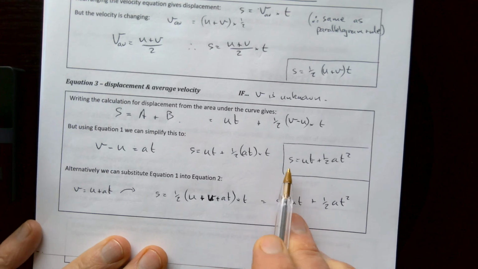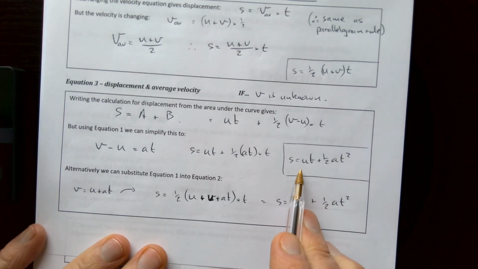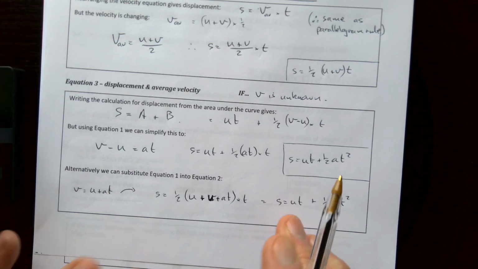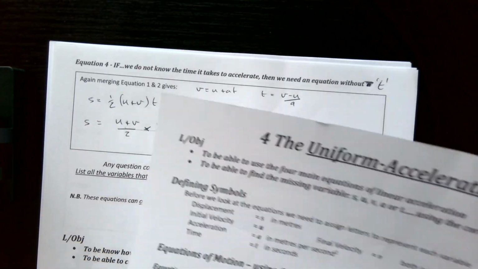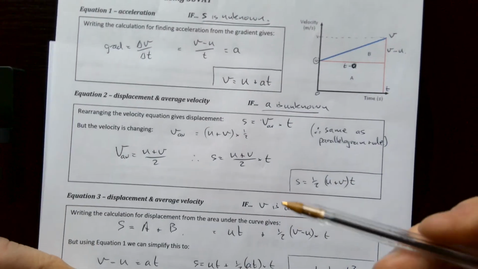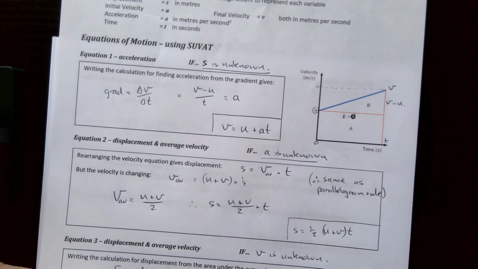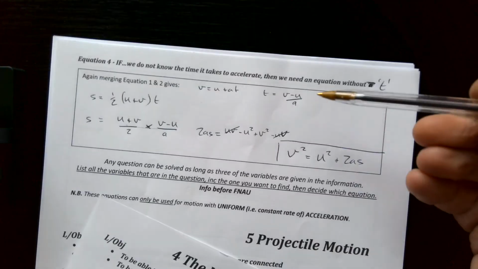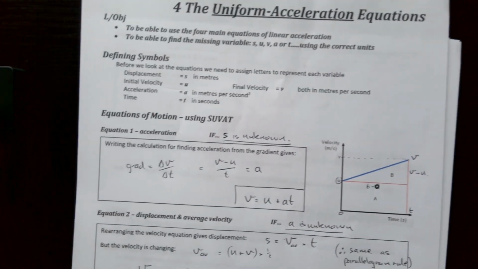I should say you could have vt minus half at squared, in which case that's if you don't know u, but you don't need it. All the questions you can find it a different way. So if we run through those 4, we have s, u doesn't tend to come up, v, a, t. So all of them are missing from one of the equations.